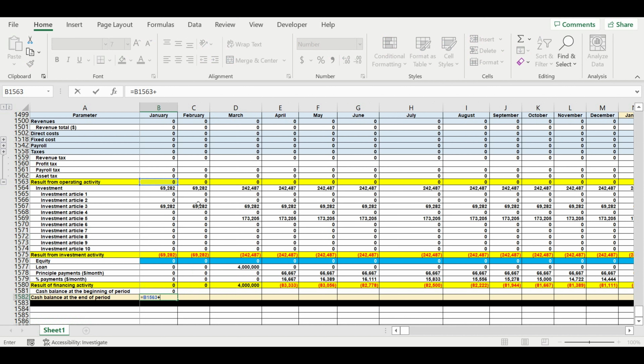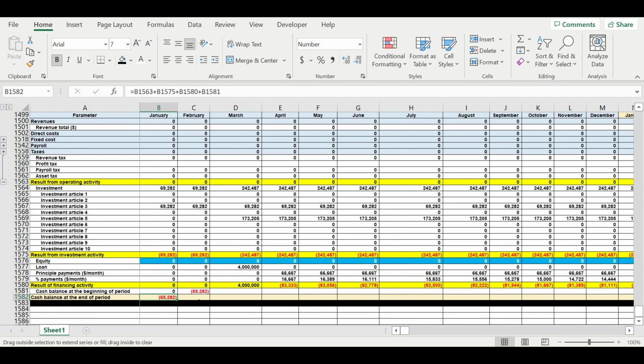Then we are taking this value from operating activity, the result from operating activity, adding result from investment activity, adding the result from financing activity plus 0. Then we place this value here.